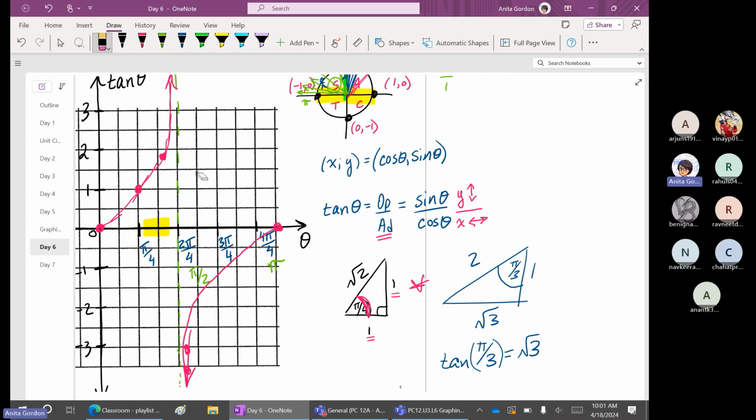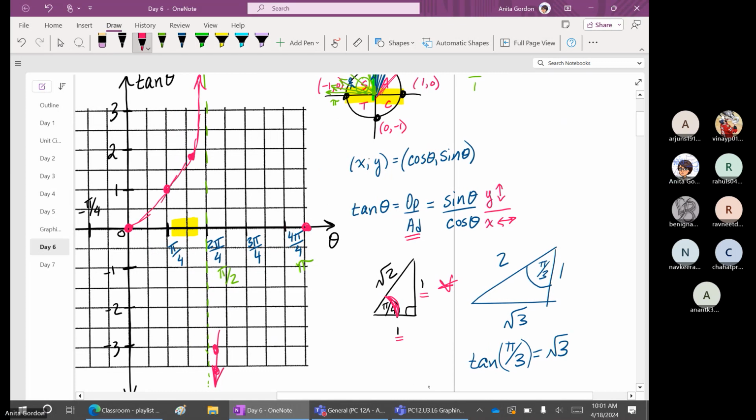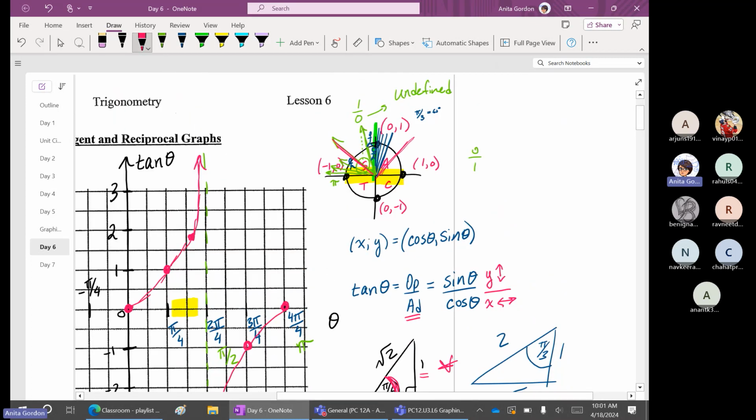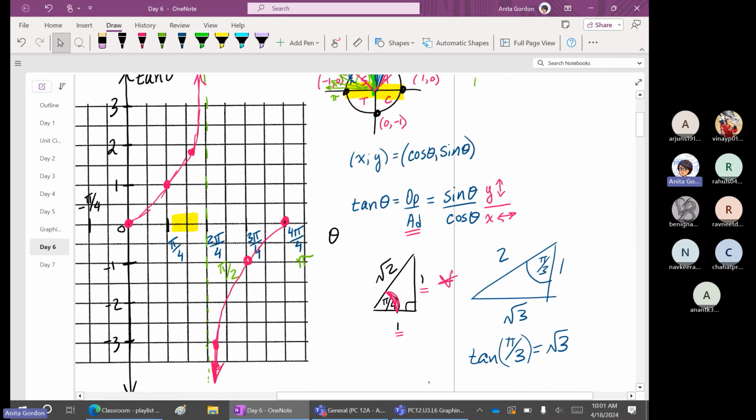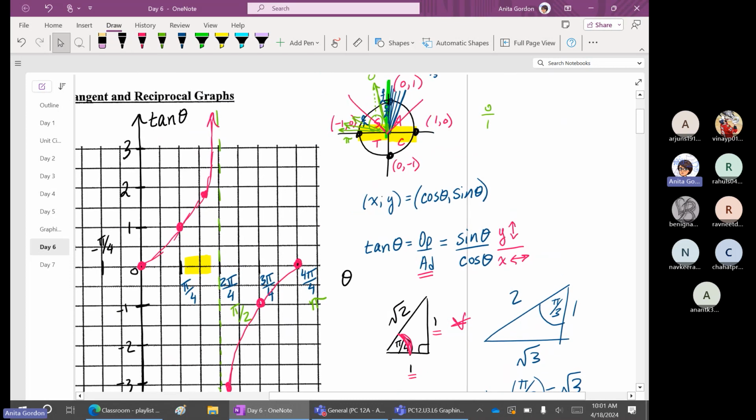I am at 1 at 3 pi by 6, halfway between 0 and the asymptote. Exactly between 0 and the asymptote, I'm going to be 1. So the value of 1, but negative 1 in this case, right, because we're on the negative side.